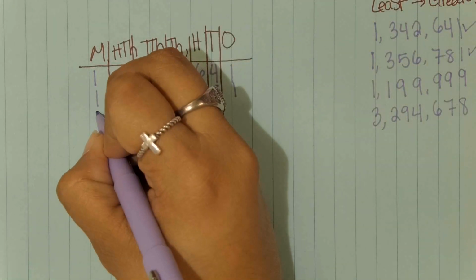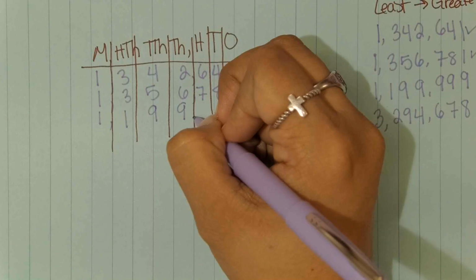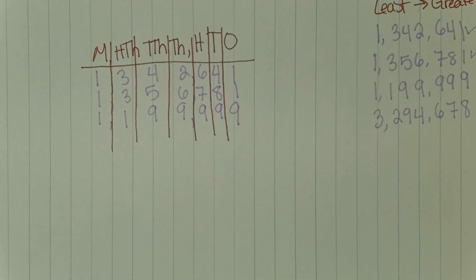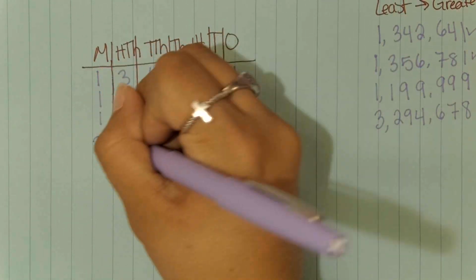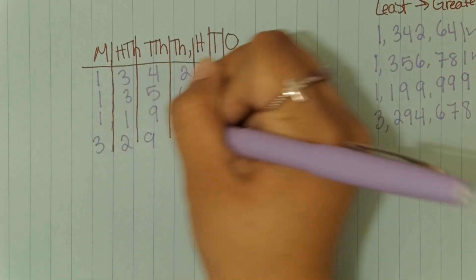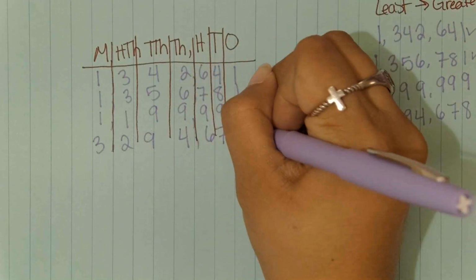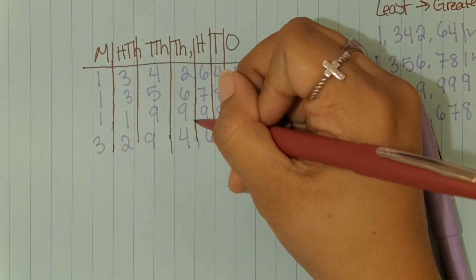My second to last is 1,199,999. Lastly, I have 3,294,678. Let me go ahead and make sure that this is more organized.